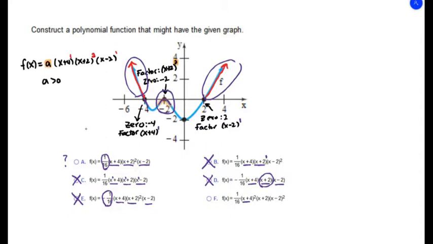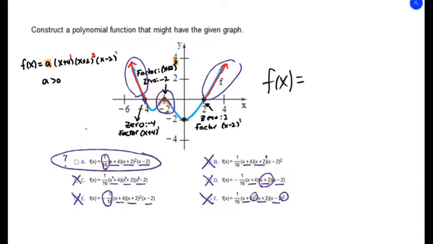Then we have x plus 4, x plus 2, x minus 2, but our multiplicity doesn't match on these two, so we can rule that one out. And we're only left with one option for this particular polynomial function. That's f of x equals 1/16 times x plus 4 times x plus 2 squared times x minus 2.